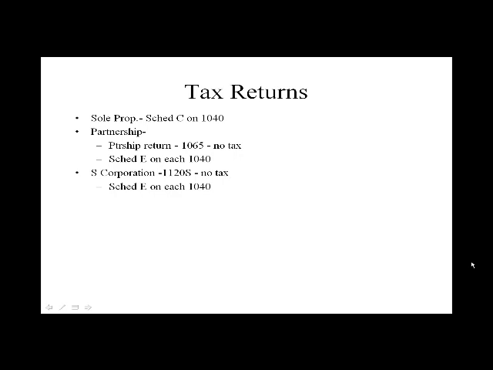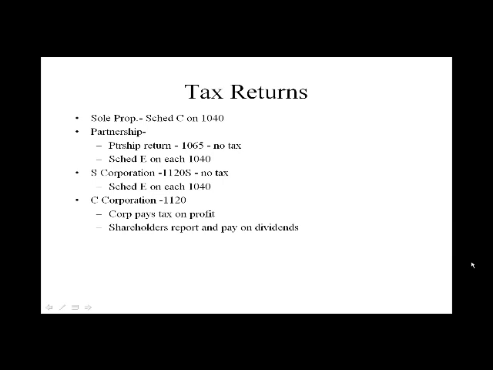All it gives is the name, address, and social security number of all of the owners involved in either the partnership or the S corp, and that gives the IRS a way to cross-link, as it were, or relate back to the individual tax returns of those people, the 1040s that those people filed to make sure they claimed it.